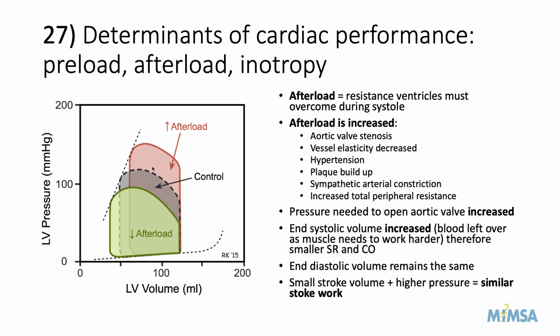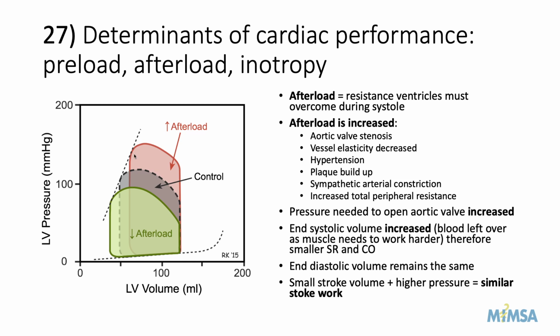But at the same time, because your heart is working so hard to reach this pressure, that affects the amount of blood that it can actually push out. If it's used up so much of its energy and contractile force just to reach that pressure, it does not have enough energy to push the rest of the blood out.